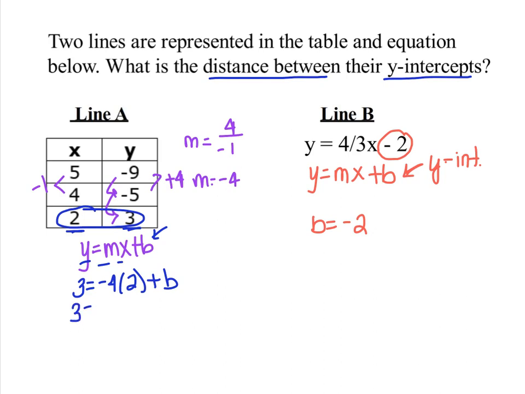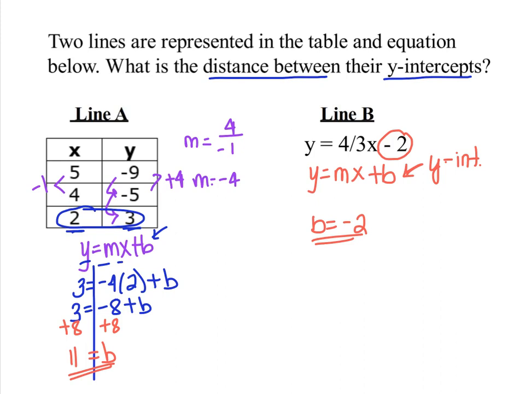On the right side, I can multiply. -4 times -2 is -8, plus b. Draw your line if that helps. Lastly, I need to get b by itself. This is a -8, so I'm going to add 8, do the opposite to both sides, and I get 11 equals b, my y-intercept.